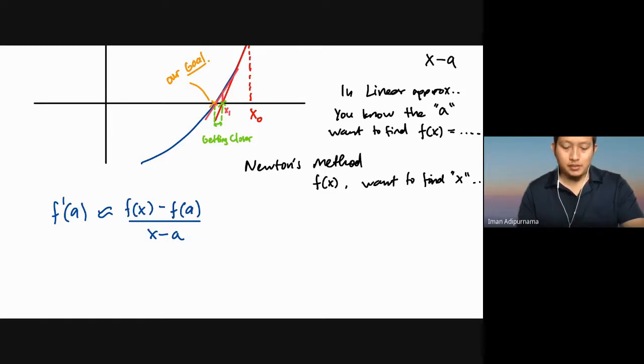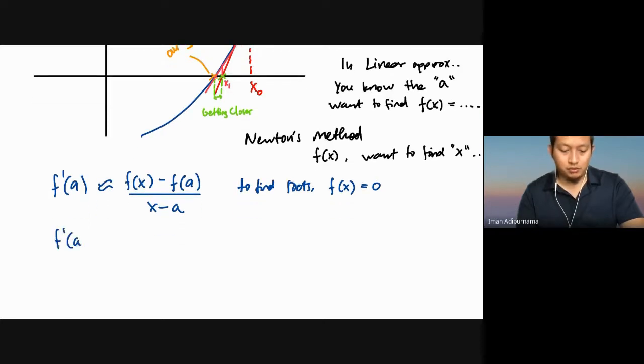Okay, so to find roots, we need to have f of x be 0, right? f of x needs to be 0 to find roots. So this will be equal, or approximately this.